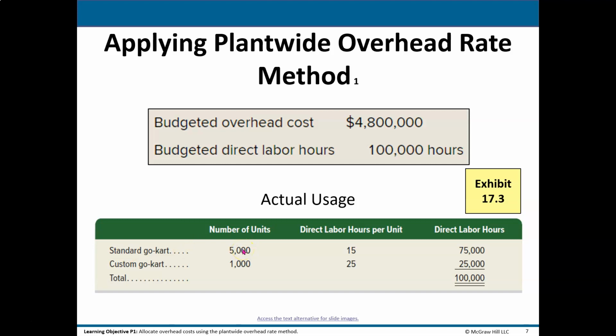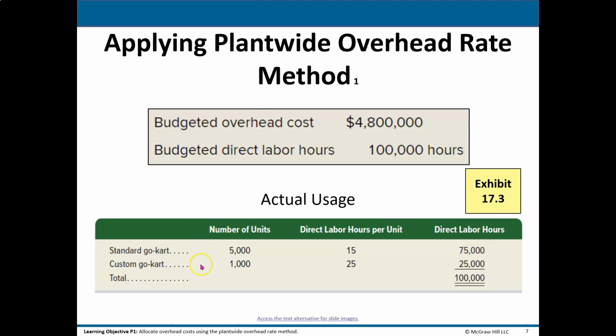Since we're allocating on the basis of direct labor hours, we need to figure out how many direct labor hours are involved in producing those 5,000 units. Each one takes 15 direct labor hours, so 5,000 times 15 gives me a total of 75,000 direct labor hours.